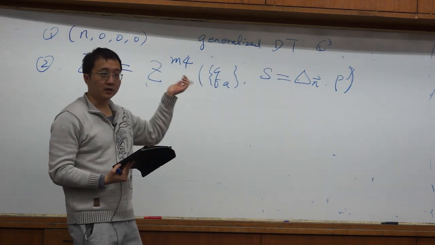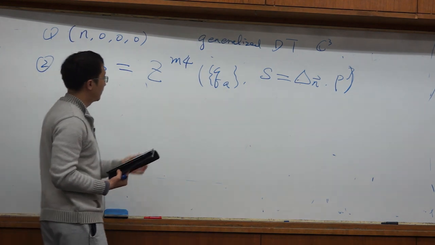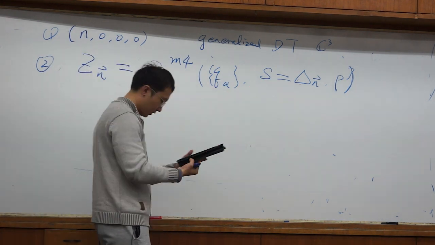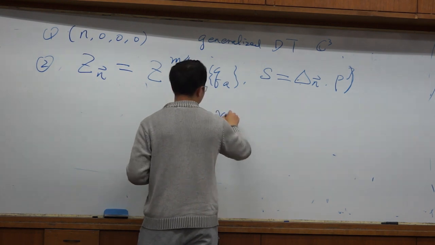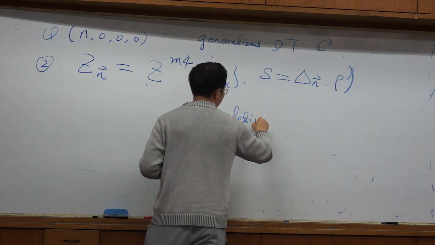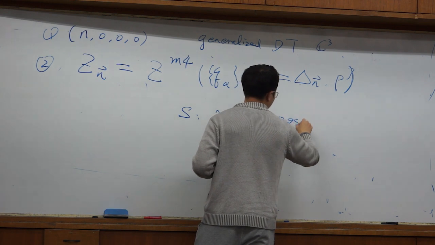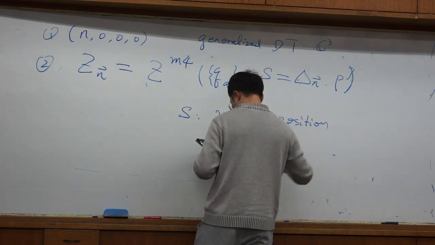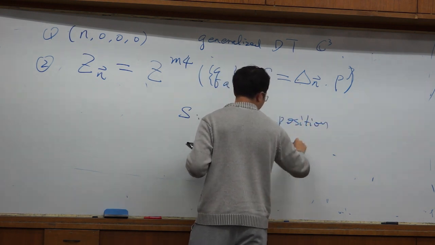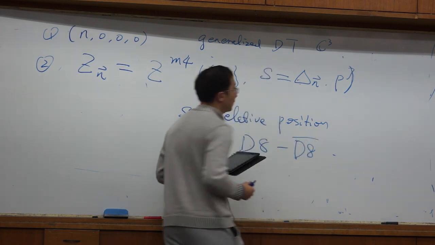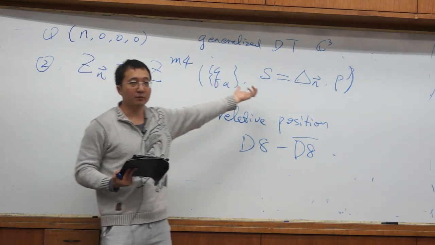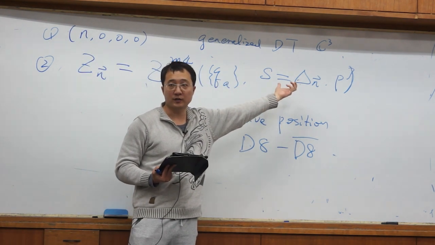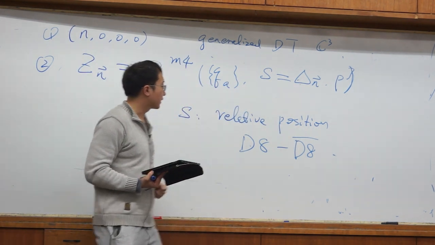In the magnificent 4 model, their partition function has a parameter s, which is a relative position between the D8 and the anti-D8. So from their result, we just plug in this special value.